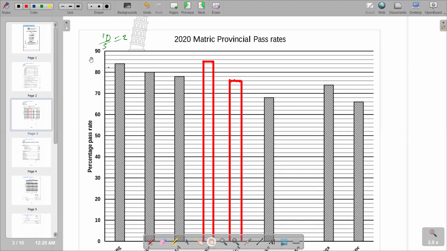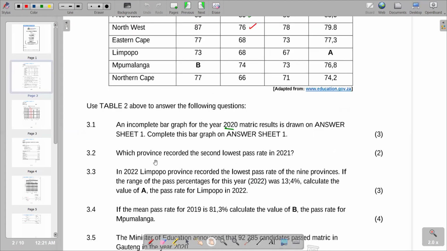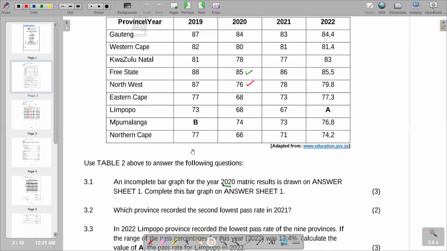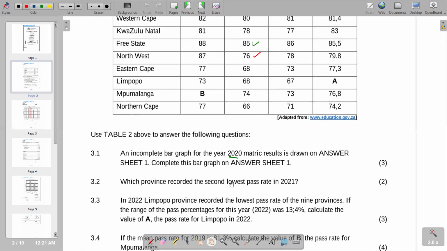With that, we can now proceed to the next question, which is 3.2. Which province recorded the second lowest pass rate in 2021? So you go to the column for 2021 and see the second lowest pass rate.